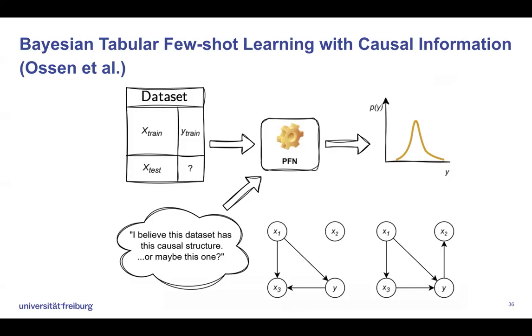Maybe we know that whatever value feature x1 has implies a certain value for feature x2, or that they are independent of each other. And so he looked into encoding information in the form of a graph and giving this as additional info to nanoTabPFN and looking at whether this helps in terms of the downstream performance.